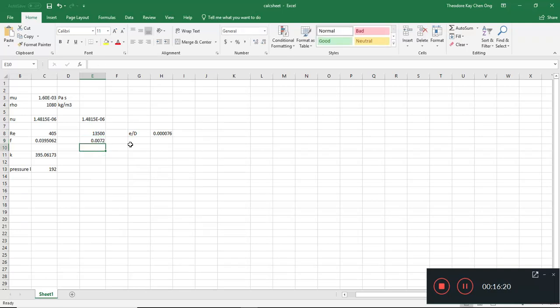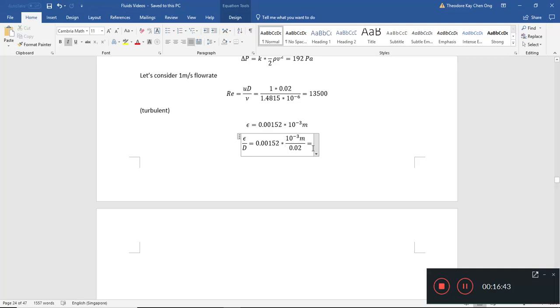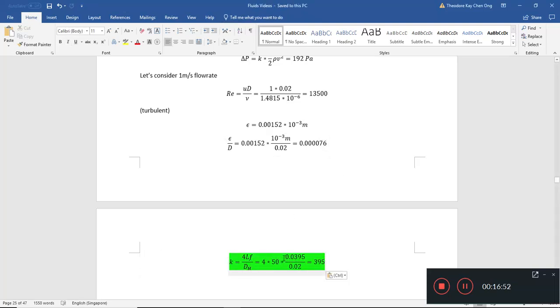0.0072. And then we'll calculate our K using the same formula, so for F L over D, and let's calculate the pressure loss. Just for presentation's sake, I'll do a very quick one. This is 0.0000 something 76, so here is 0.0072.